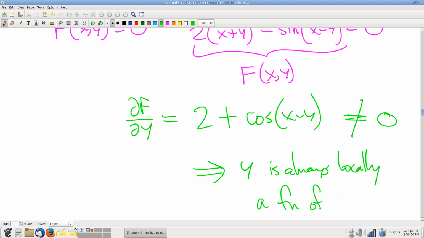So what makes you say that y is locally a function of x? That's what the implicit function theorem says.